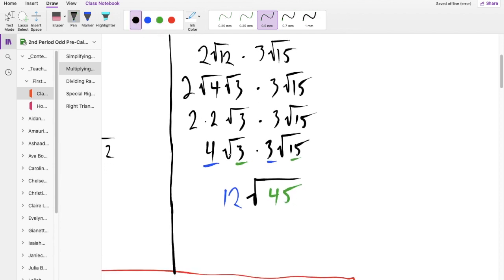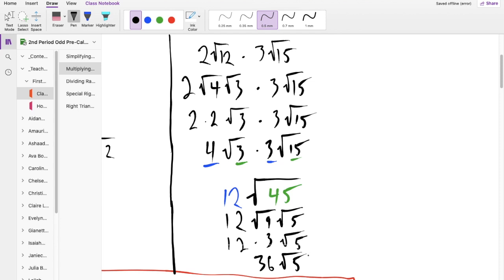That is going to give me the perfect square of 9 times the square root of 5. So this is just 3, so we get 12 times 3 times the square root of 5. So this is 36 times the square root of 5 as our final answer. And that is multiplying radicals.